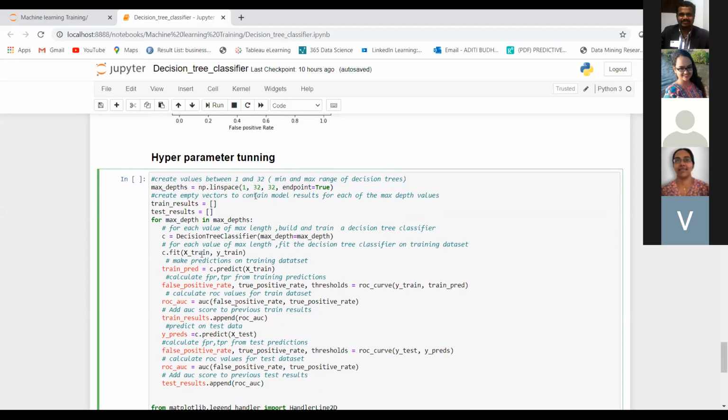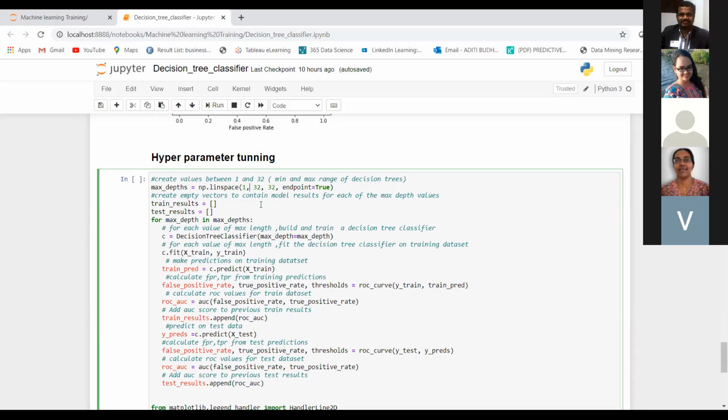So I'm using that function in order to create my list that I want. I want to select the appropriate maximum depth value out of 1 to 32. So I have all of these samples, 1, 2, 3, 4 up till 32, and I want to know which is the most suitable value for maximum depth out of these values.